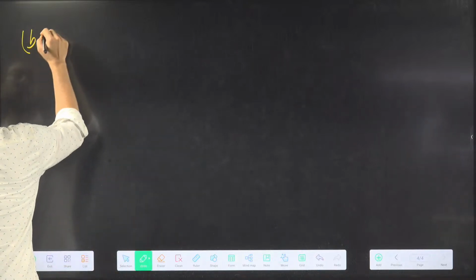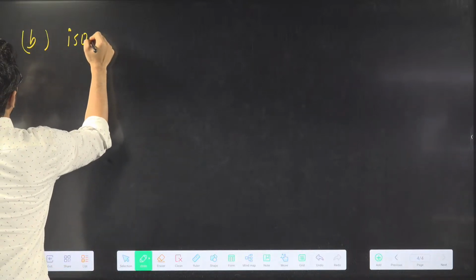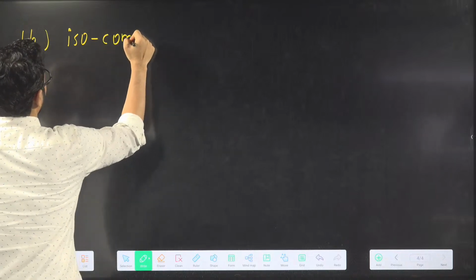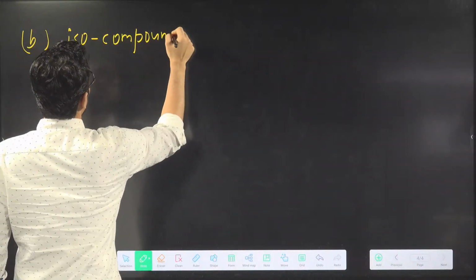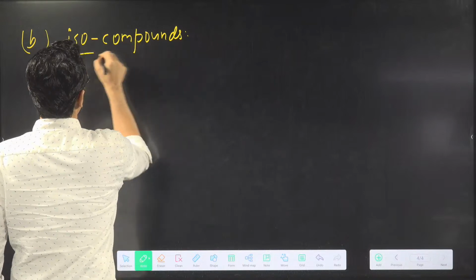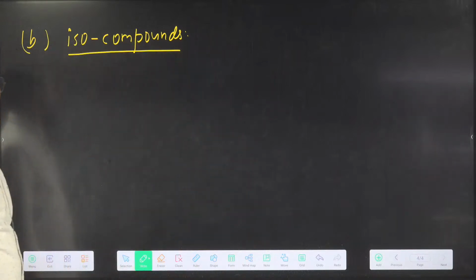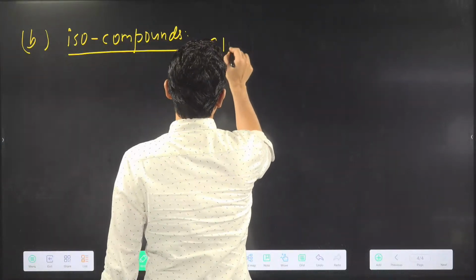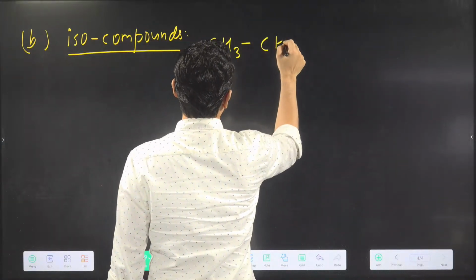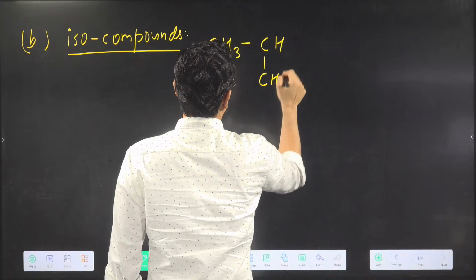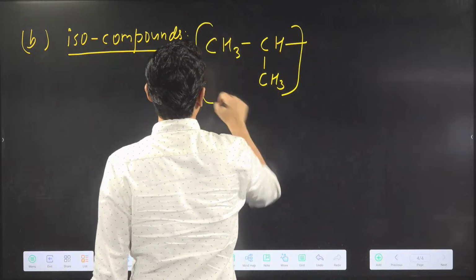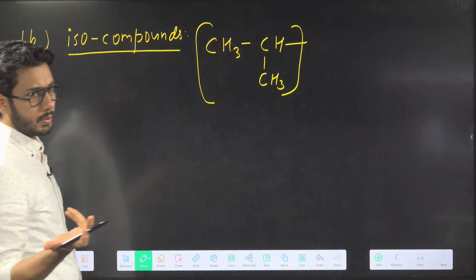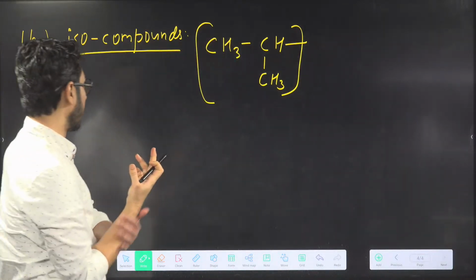After the N compound, next are the iso compounds. Iso arrangement is like this. Again, their significance is 3 to 5 carbons only. You will not get examples beyond that.